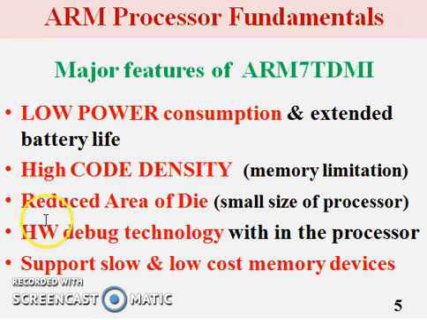Then the next feature is reduced die area. ARM processor has a very small die area, and hence it can fit into a very small embedded system. The size of the processor is very small, and we can design a very compact embedded system by using this ARM7 TDMI processor. Hardware debug technology is also available.